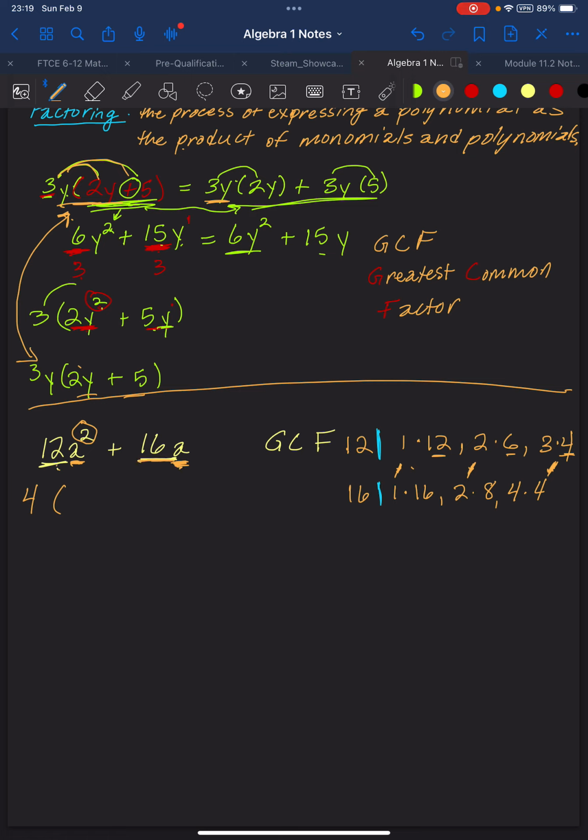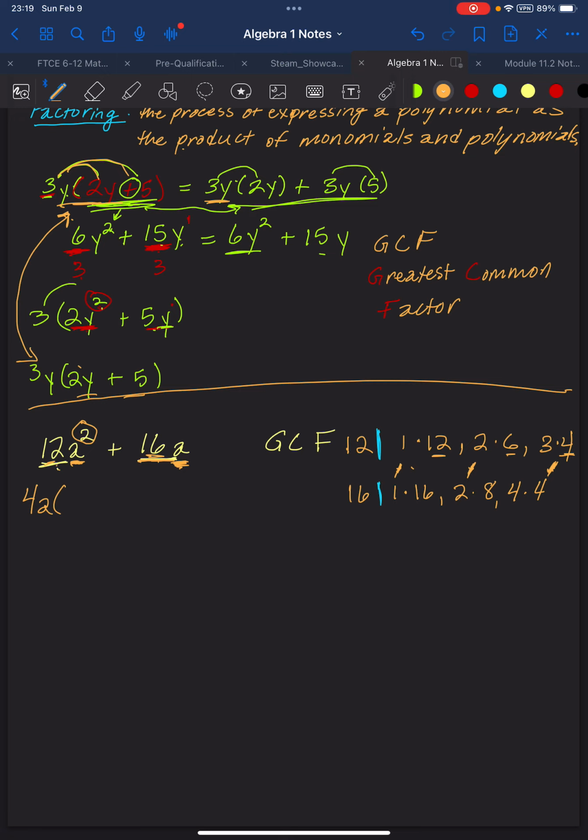Remember, the coefficient is a number that's in front of a variable, or a number that's been multiplied by a variable. Because we have an a attached to both our 12 and our 16, I can pull out an a as well. Now remember, I have 2 a's here. I pulled out 1 a, so I'm going to have 1 less a.